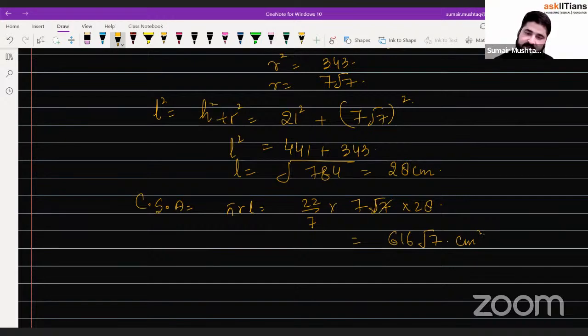Is there anyone who cancelled this 7 and this 7? Is this possible?